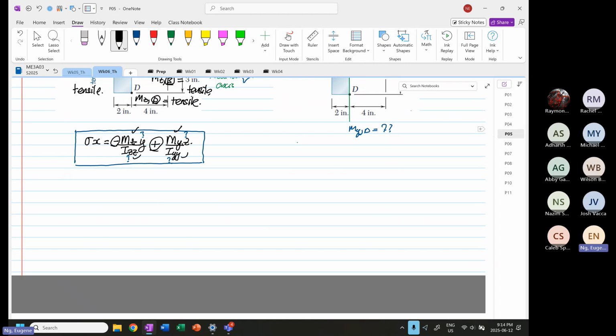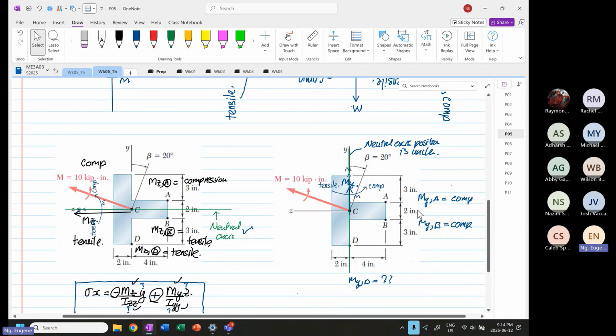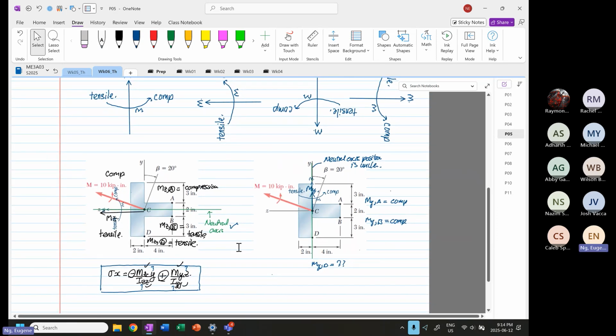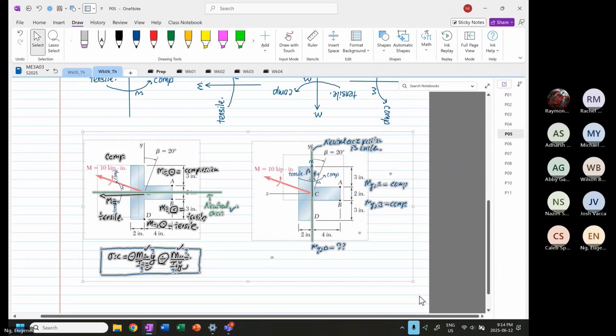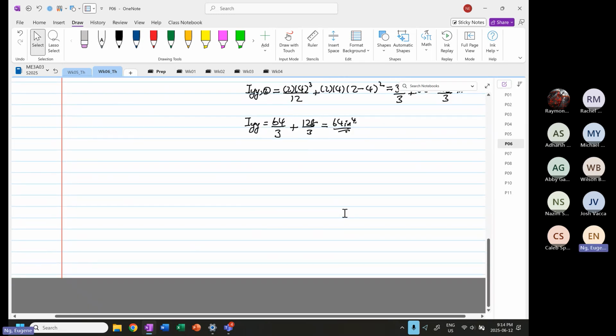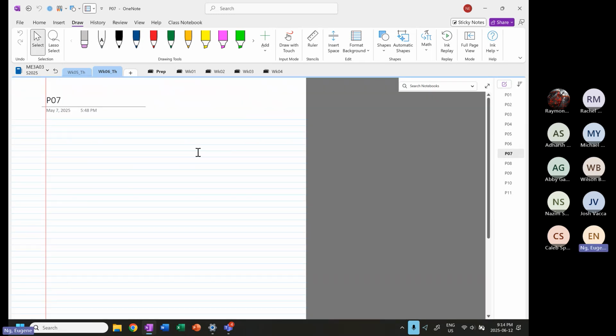Okay, so now what I'm going to do is take this diagram over here, because the diagram over here is our analysis. So I'm going to copy, and then we are going to go to a new page.